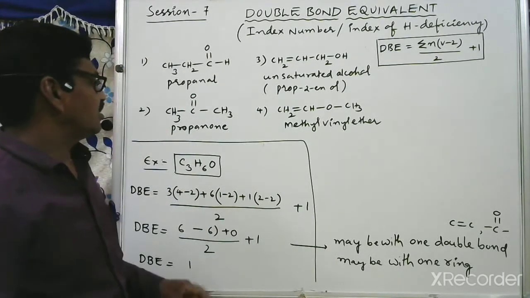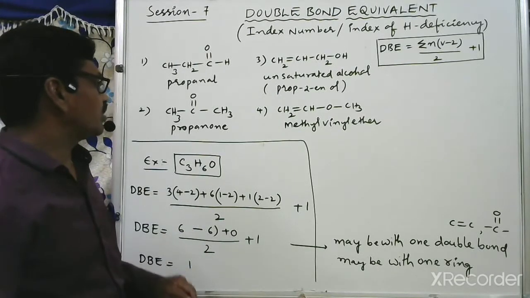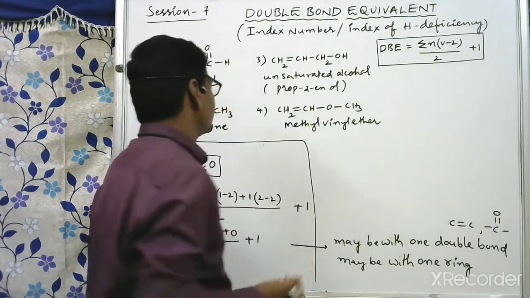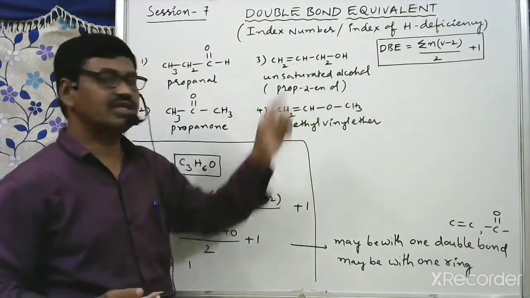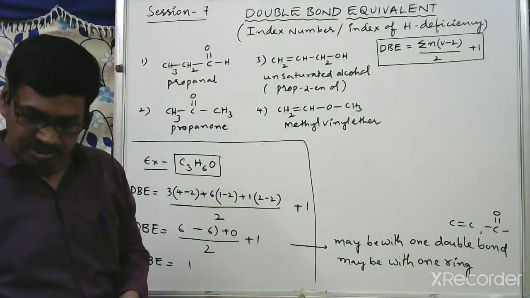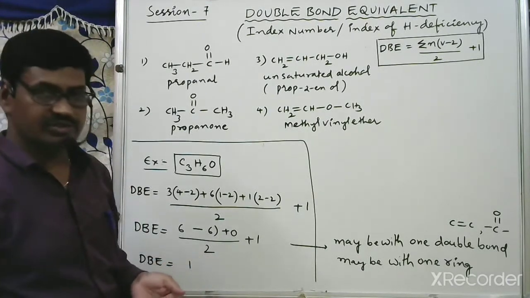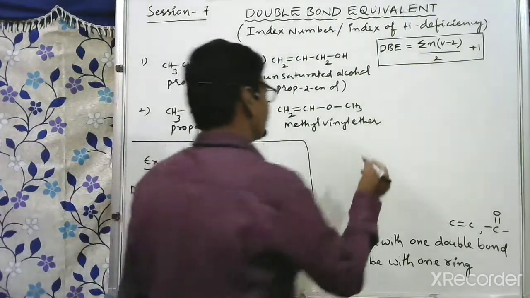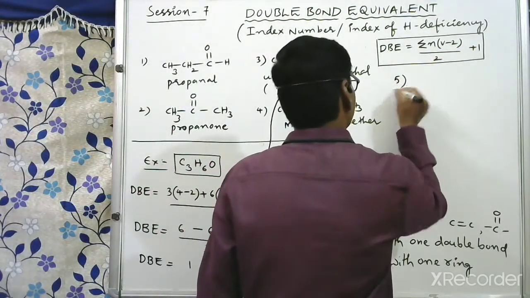And position isomers also we can write. Position isomer means if you change this OH group to the middle carbon, it becomes a tautomer, so it should not be included. But we can write cyclic isomers now. These are open chain isomers, then cyclic. Here I am writing the fifth one.